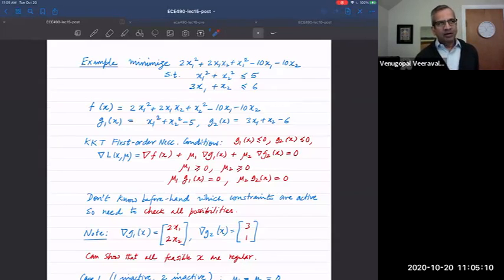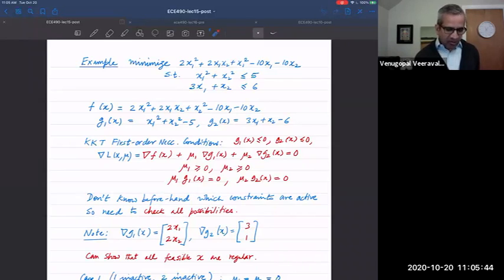So it won't be an issue unless it's the first one that's constraining, that's met with equality, and then this gradient happened to be zero. But that can only happen if the vector x is zero. And if you plug zero into these equations, they don't meet the constraint with equality. Okay, so all feasible x are going to be regular for that reason.